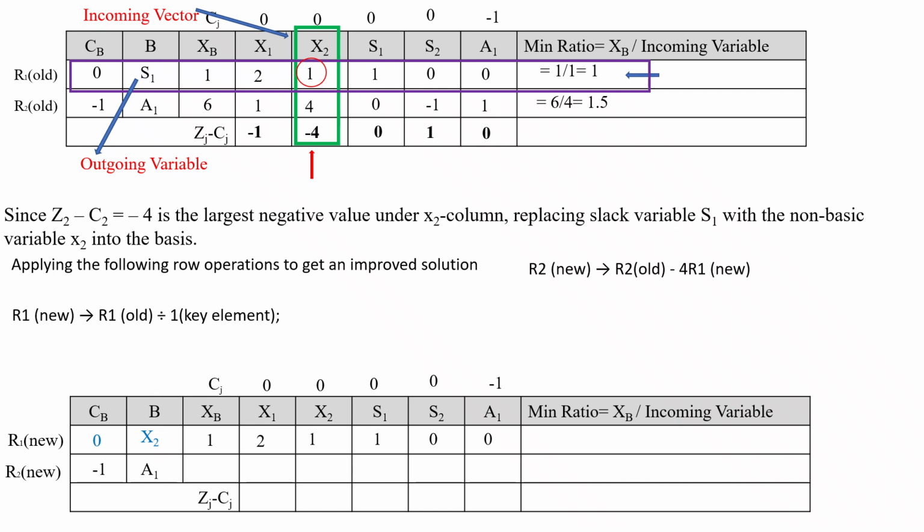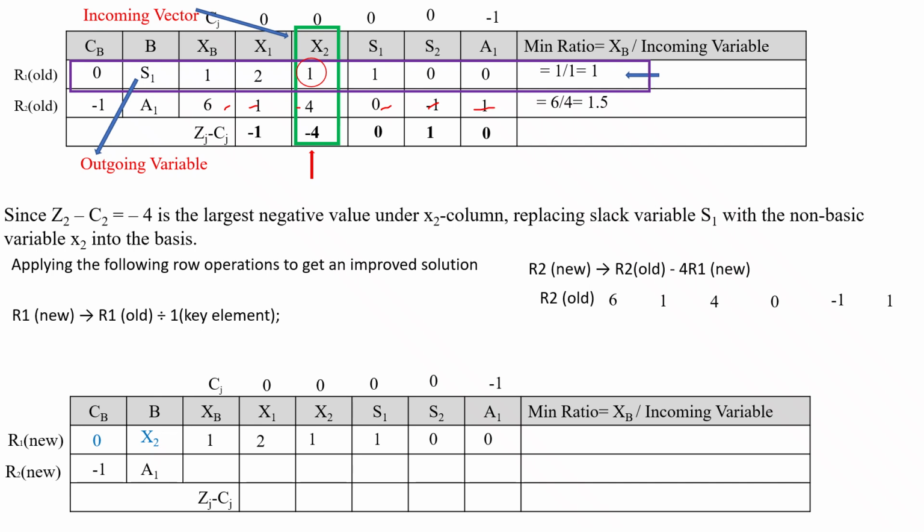The next operation is R2 new equals R2 old minus 4R1 new. First write down the R2 old elements: 6, 1, 4, 0, minus 1 and 1.